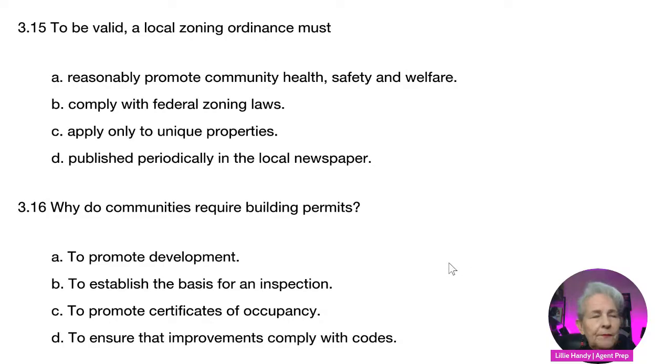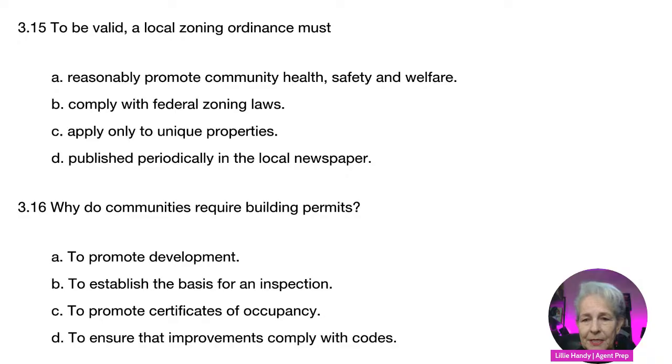Number 16. Why do communities require building permits? Excellent question. A, to promote development. B, to establish the basis for an inspection. C, promote certificates of occupancy. Or D, to ensure that improvements comply with codes. So what do you think?